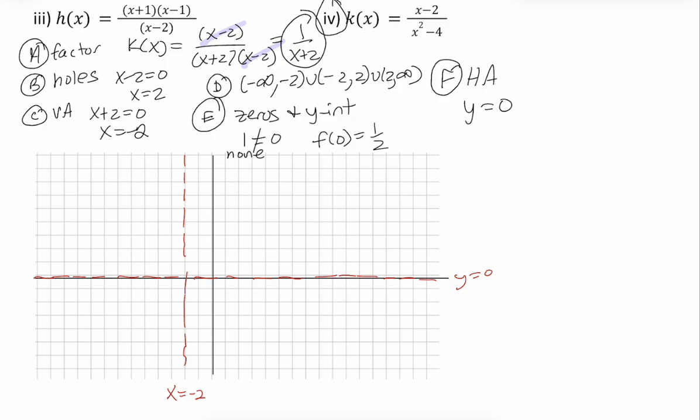Now, for the very first time, we have come across a graph with a hole in it. So we are definitely going to need to know what happens at the hole of 2. We're going to use the simplified version to help us graph it and find out where the hole is at. If you plug in 2 to the simplified version, we get 1/4. But we need some points here. Let's plug in -1.